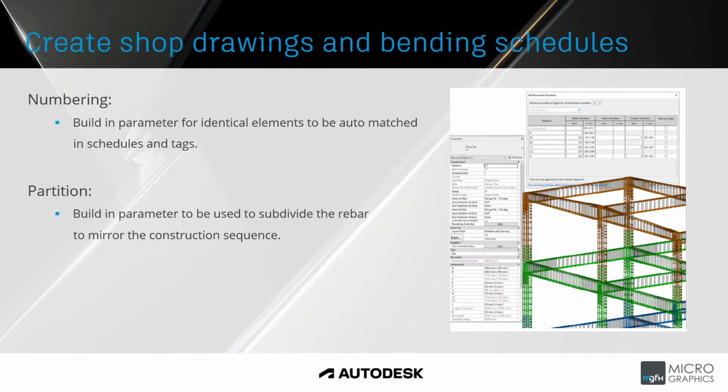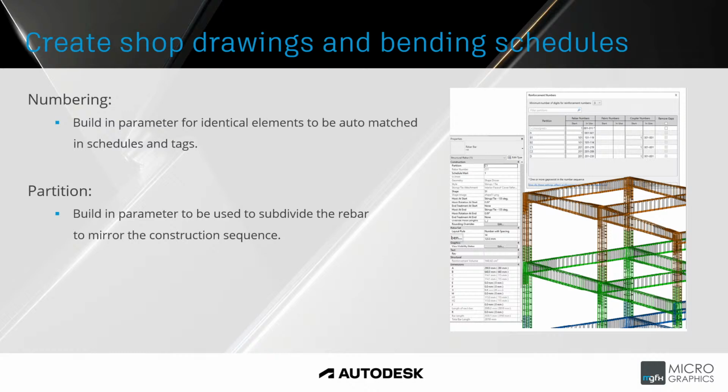And then also you can obviously schedule based on those partition parameters, and then quantify and have the correct number of bars on site, etc. Okay, so that helps with the construction sequencing, having partitions added to certain bars.